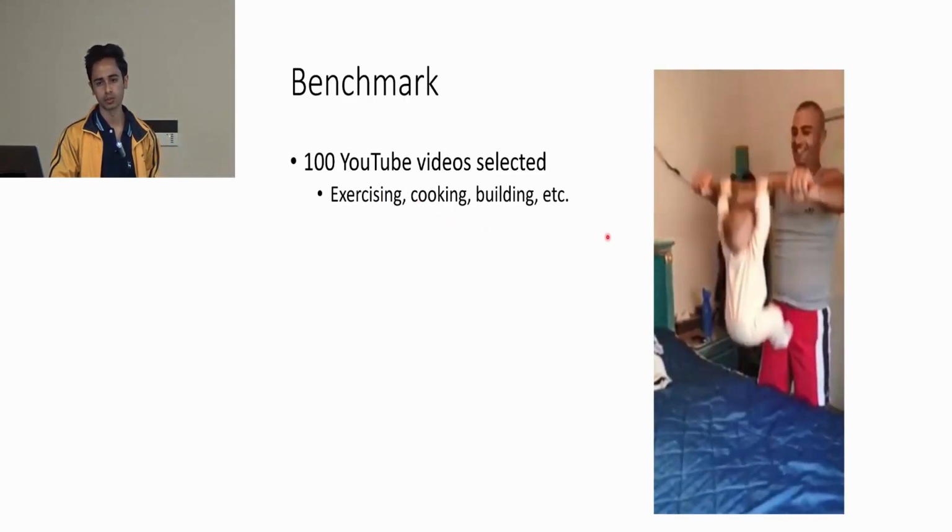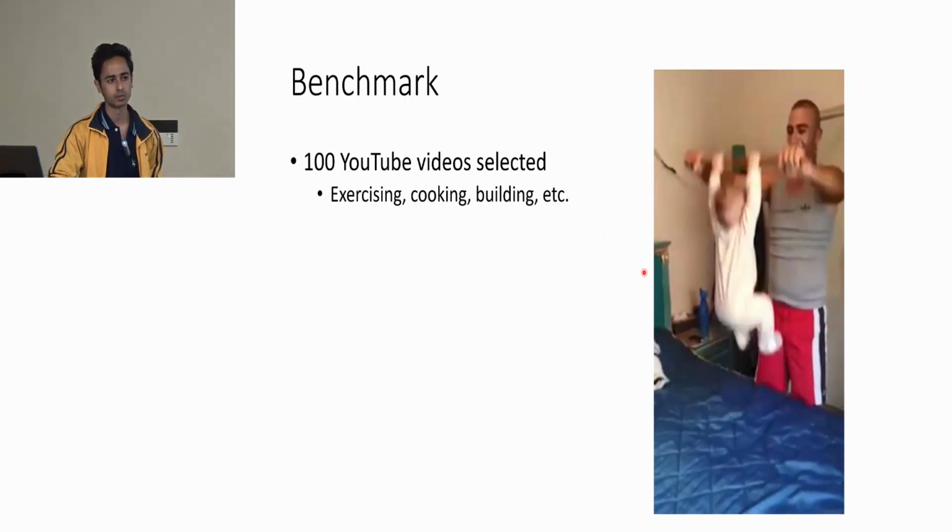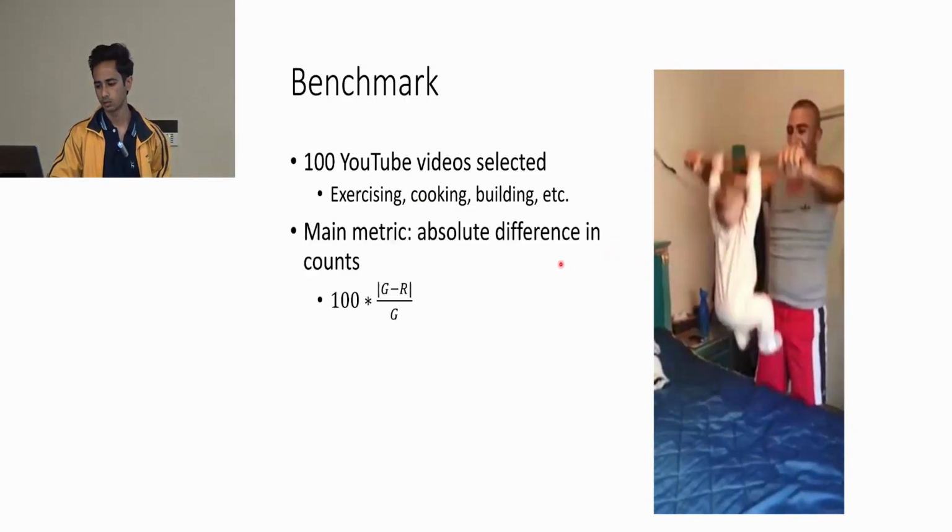This is a sample of a video where there's a repetitive motion. The metric used is absolute difference in count. Here G is the ground truth number of repetitions, R is the number of repetitions given by their system, and they take a percentage of this.